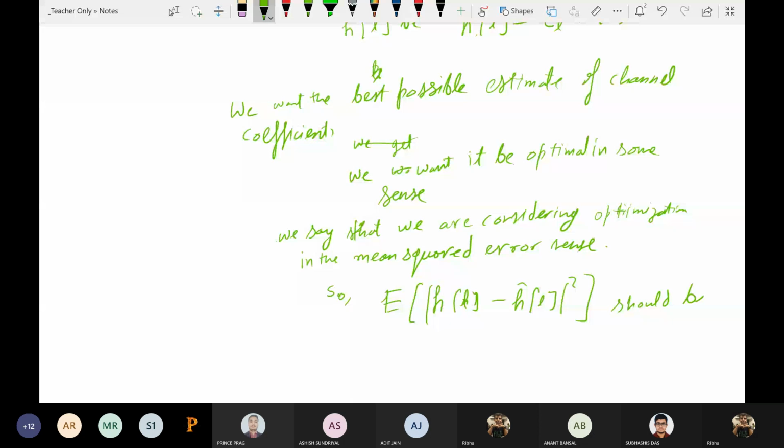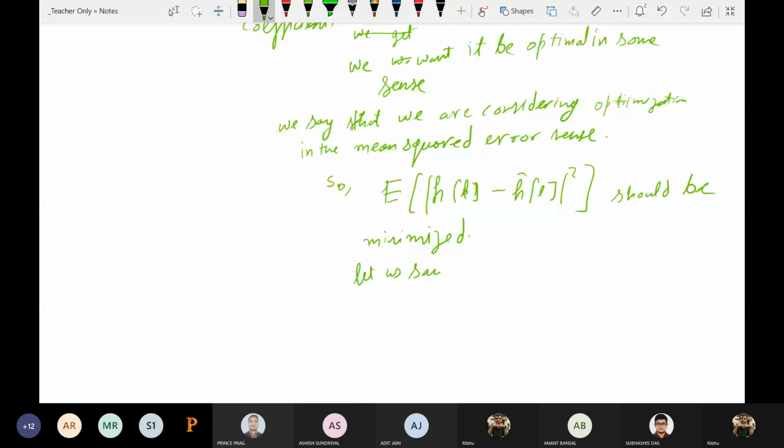So let us say that we restrict ourselves to linear functions of the received data or received symbols.